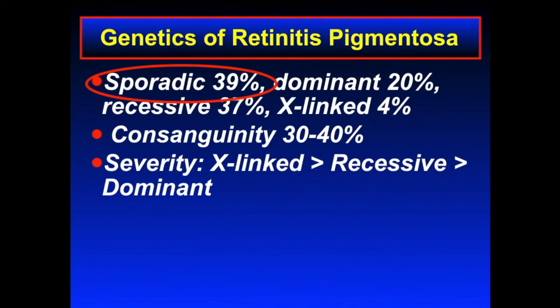They're new sporadic cases. The consanguinity is important in many instances, pretty common, and it's generally said that the X-linked cases are worse than the recessive that are worse than the dominant. Of course, it depends on which mutation you have.